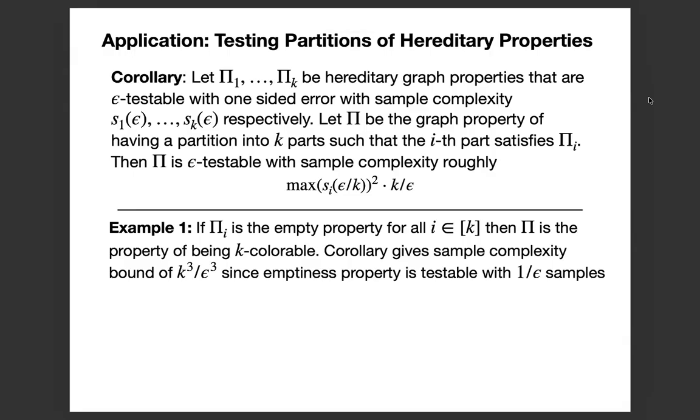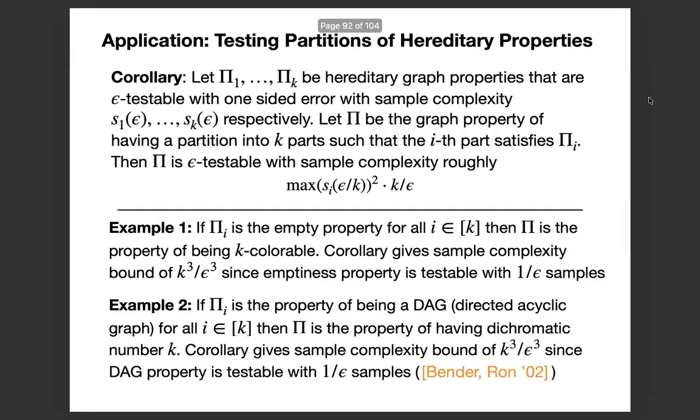If you can split your graph into a bunch of empty sets, then this is just the k-colorable property. And using this result, we get something like k cubed over epsilon cubed, because we know emptiness can be tested with 1 over epsilon samples. So this does not meet the best bound, but why this is cool is this works for any hereditary property.